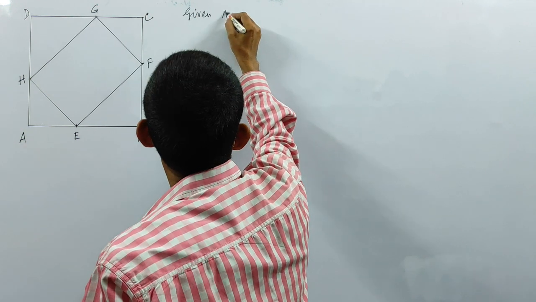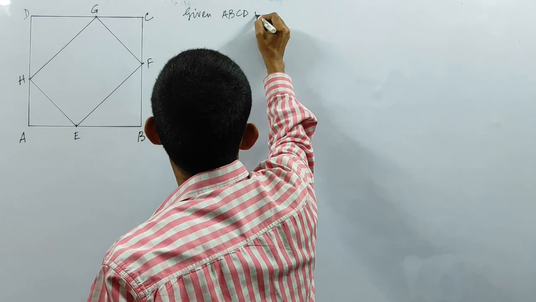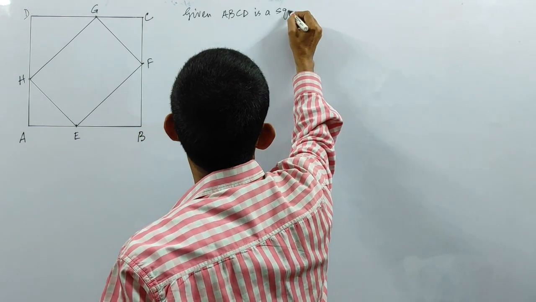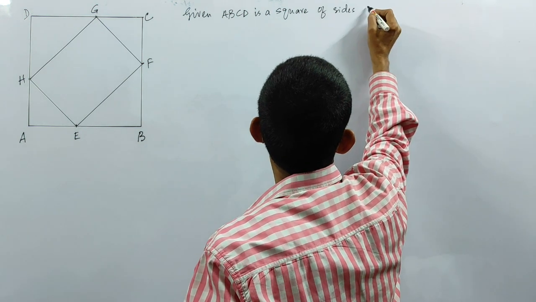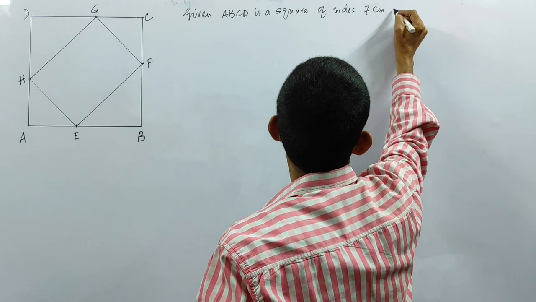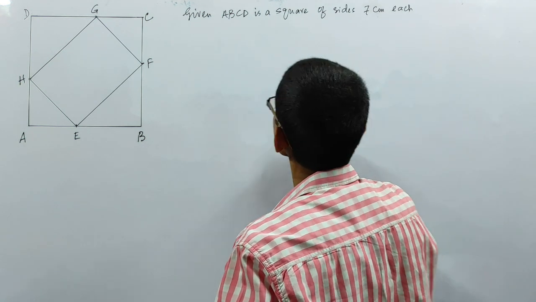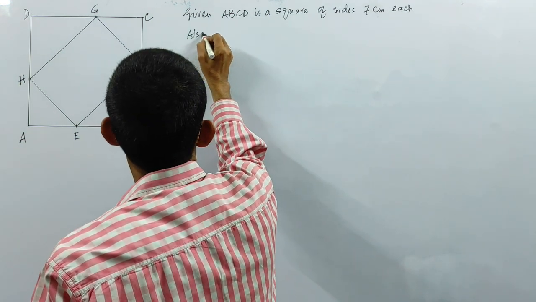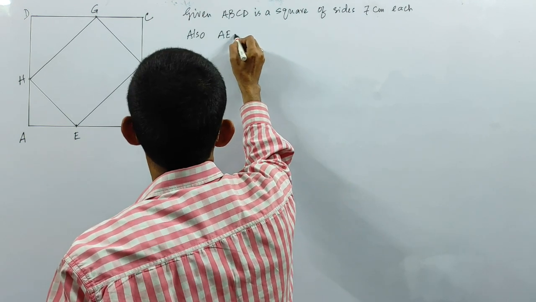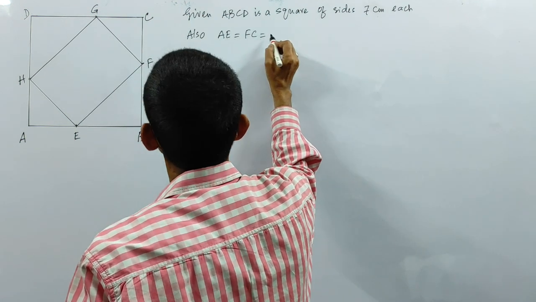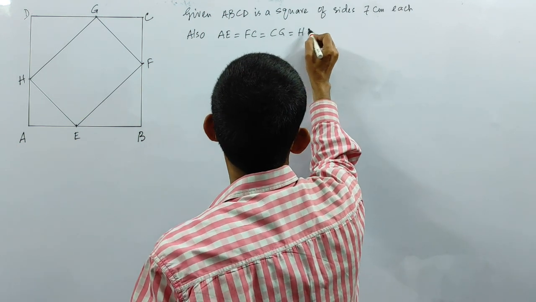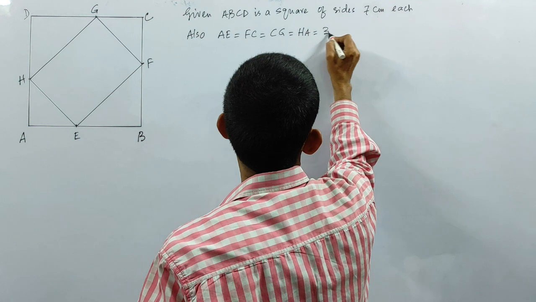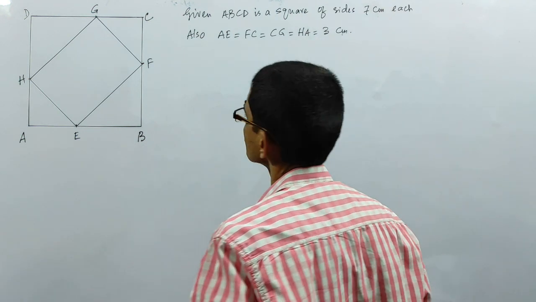Given: ABCD is a square of sides 7 centimeter each. Also AE is equal to FC is equal to CG is equal to HA is equal to 3 centimeter.